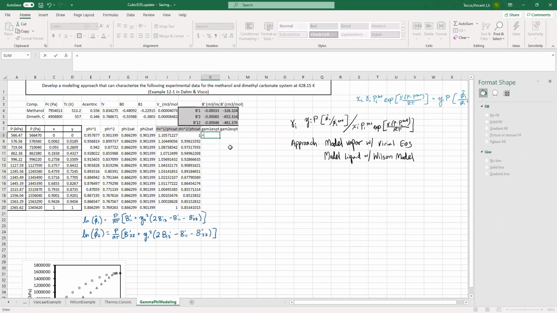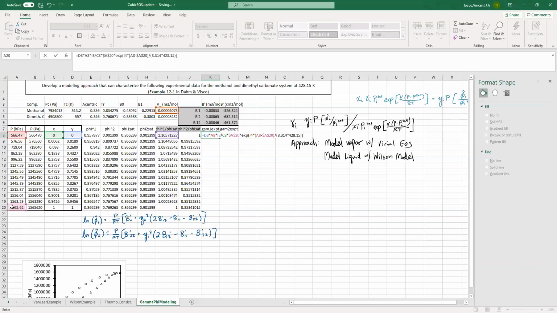So gamma 1 is equal to yi times P times my ratio of the fugacity coefficients, divided by xi times P sat for component 1, which is down there, times exponent of V underbar times (P minus P sat), close parenthesis, divided by R times T. So 8.314 times 428.15.